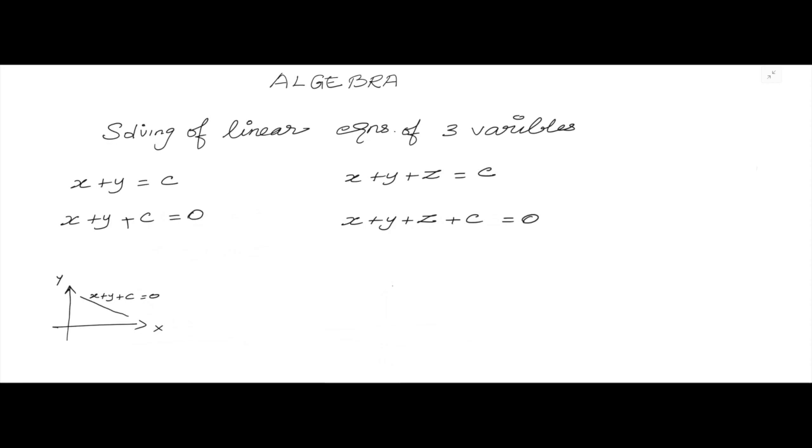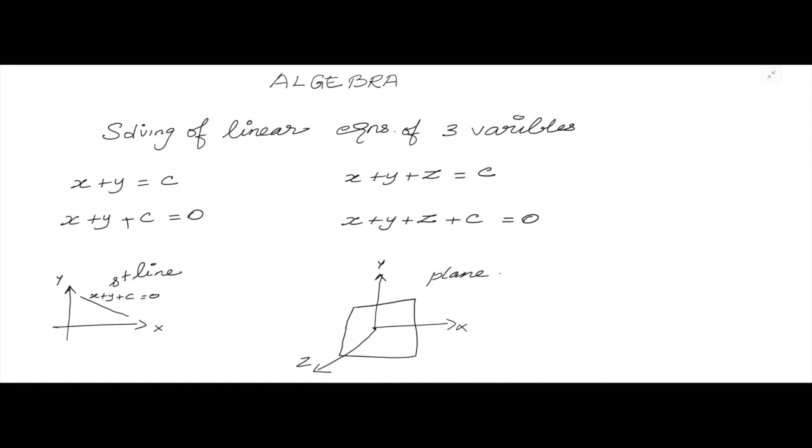Here in three variables, you will have this is your x and this is your y, and your z will be somewhere like this. So in two variables, the linear equation will be a straight line. Here it will be a plane.